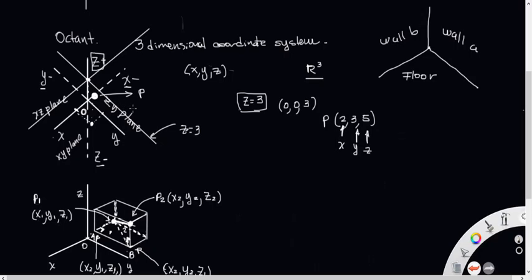But if we look in the plane in this direction, we can see that the z equals 3 extends over the y-axis in plus minus infinity. So this z equals 3 is a plane that goes in all directions from the origin at the height of 3 according to the z-axis.